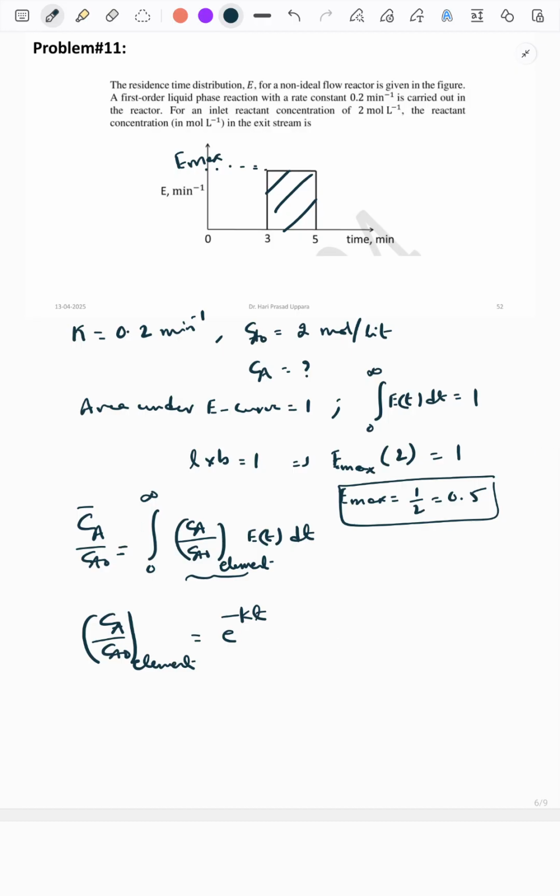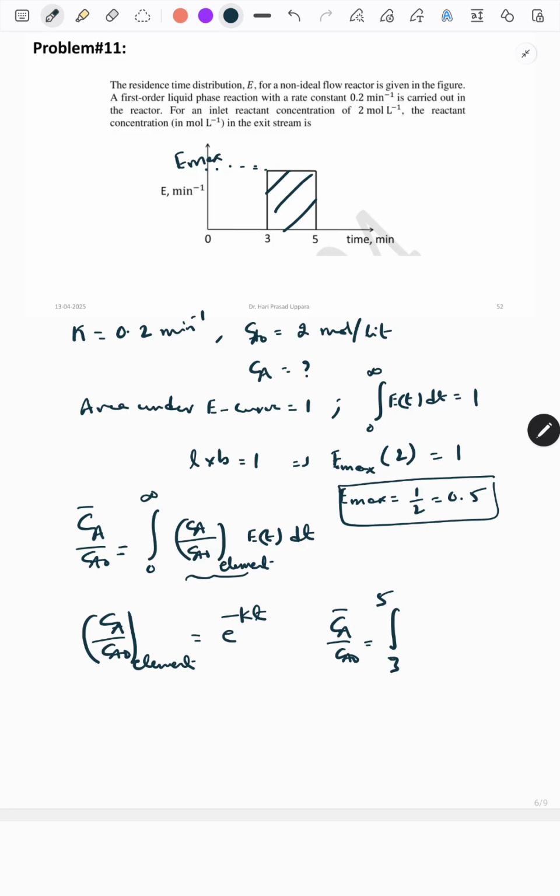Now if I substitute in the above equation, Ca bar by Ca0 is equal to integral, varying from 3 to 5, because the time is varying from 3 to 5. Whatever exit distribution we collected is in between the time 3 to 5 minutes.